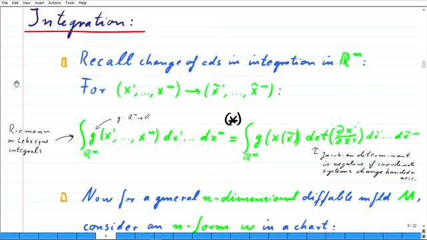What happens if we change coordinates? If we change variables away from the variables x to variables x tilde. Let's say the variables x are functions of the variables x tilde. But then we can express this integral, assuming that the map is mapping Rn into Rn, so that we don't have to worry about boundaries. Then we can express this integral here by re-expressing this function in terms of the new variables. So it's g of x, but the x are functions of the new variables x tilde.